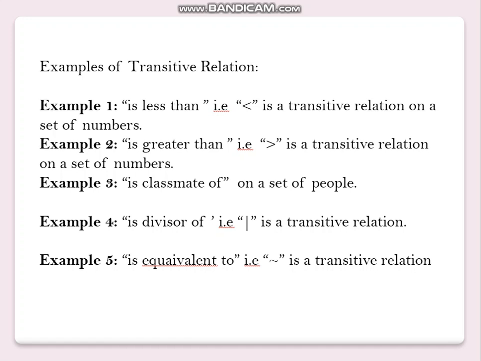"Is divisor of": if A divides B and B divides C, that means A divides C. "Is equivalent to", in case you are considering matrices or any relation, is a transitive relation. If A is equivalent to B and B is equivalent to C, then A is also equivalent to C. In the next lecture, we will consider the equivalence relation.